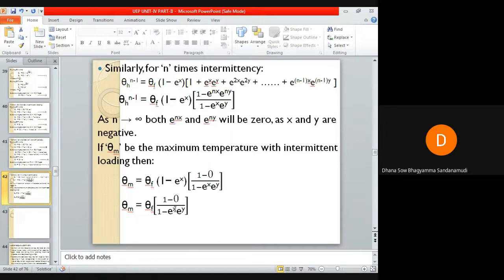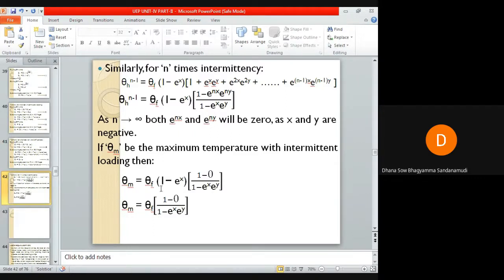You can substitute the x value and y value. What is the x value? X value is minus t1 by tau h, and y value is minus t2 by tau c.